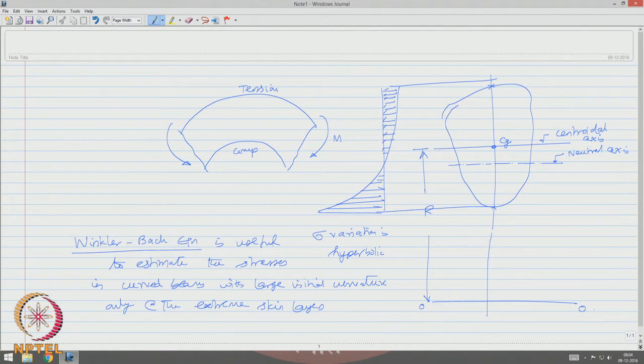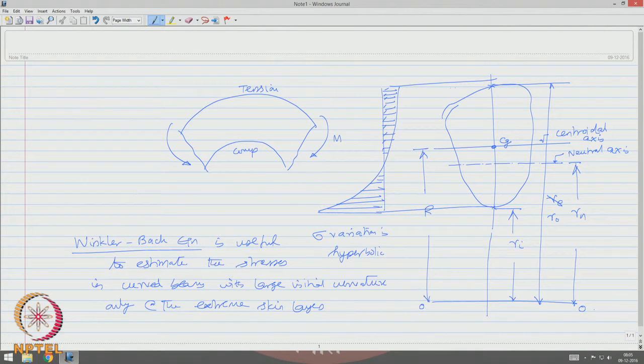So, we call this R intrados and we can call this R extrados. We can simply say this as R neutral axis. This can also be read as R outer.